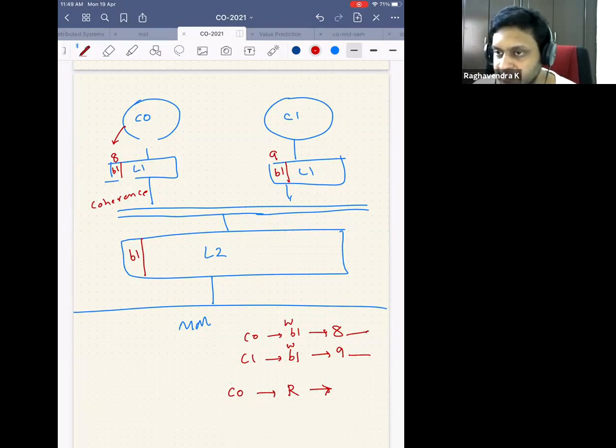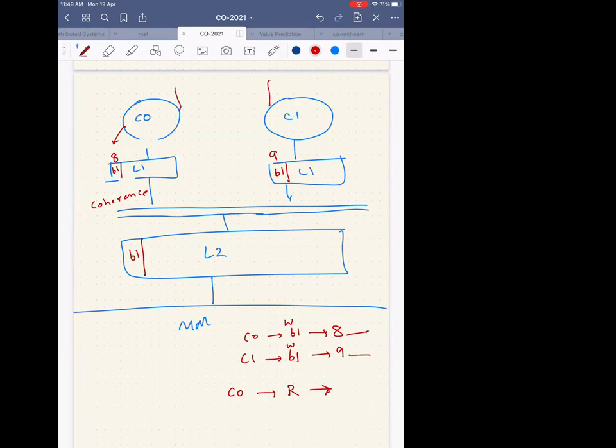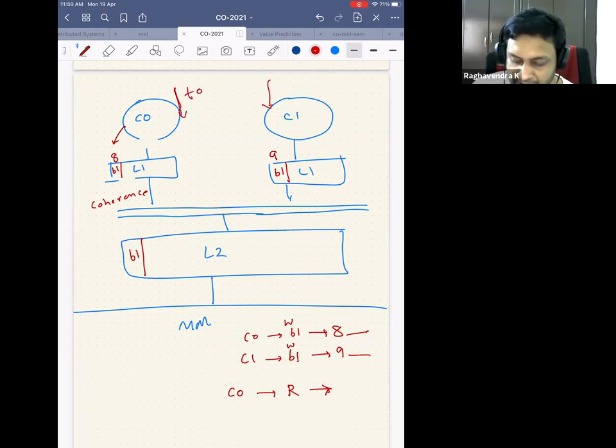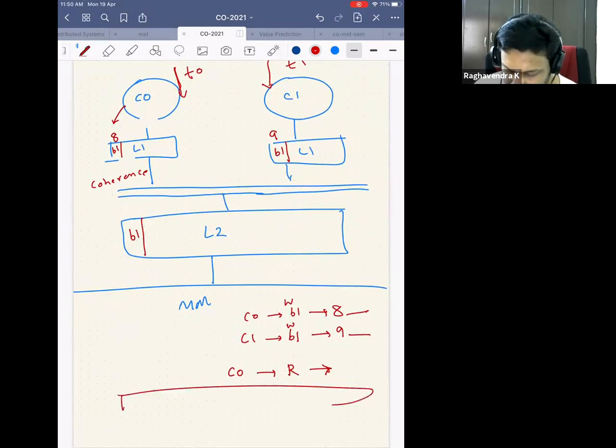There might be a case that both these cores are executing the same program. It's called shared memory because they are just two threads, thread 0 and thread 1, of the same program. Maybe they are doing a matrix study. They are summing up an entire array and finding out the total of the values in the array. Let's say I have an array with 1 billion elements, and I'm trying to find the total of all the elements.